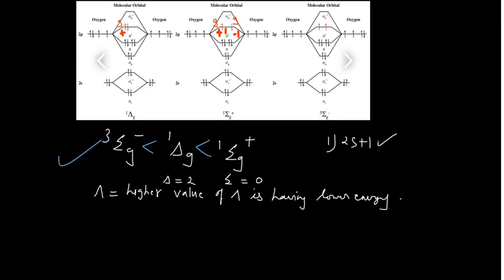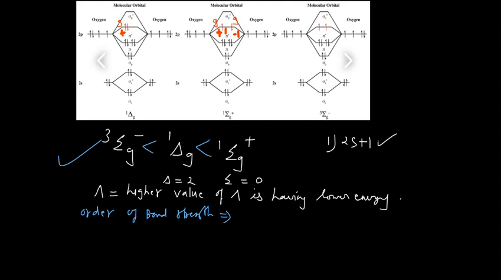Now if you want to know the bond strength, order of the bond strength, so I can write it here. Order of bond strength. So how you can go for the order of the bond strength? Whenever your electrons are present in the lower energy orbital, that means the bond strength would be very very high in that case.